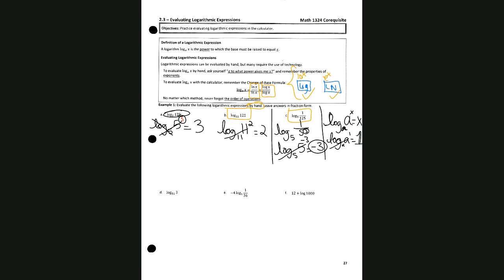Over here, same idea, we're going to rewrite the number 3.